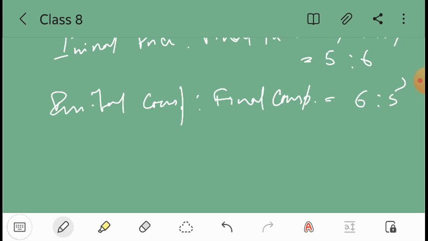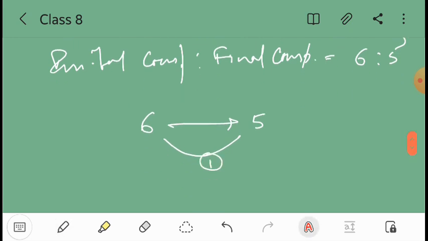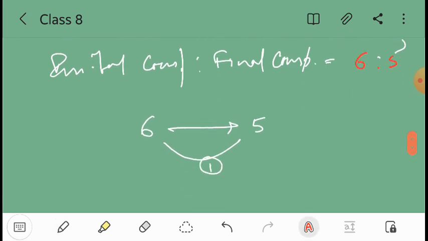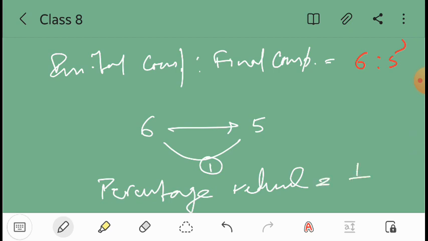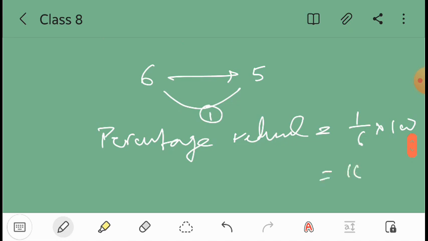That means they reduce from 6 to 5, that means 1 is reduced here, you can see from here, right? So the percentage reduced is 1 over 6 into 100, right? So that is 16.66%, right? And so this will be the answer.